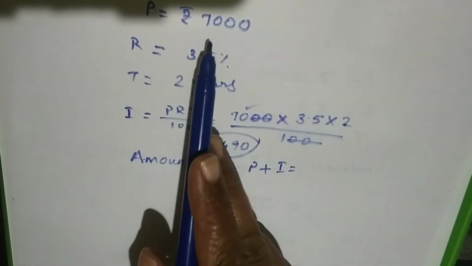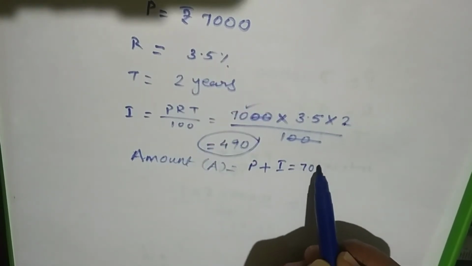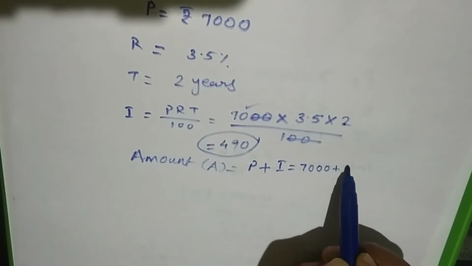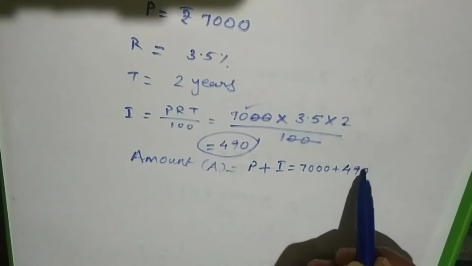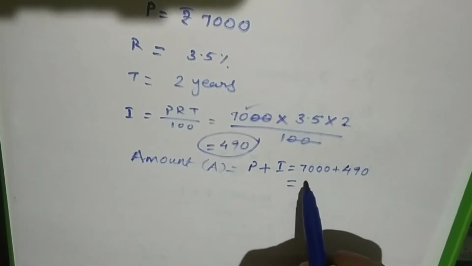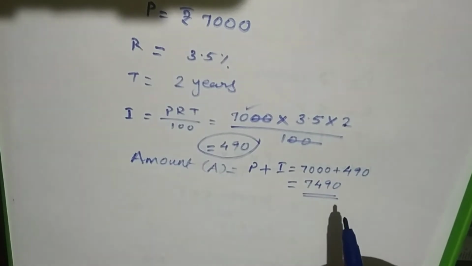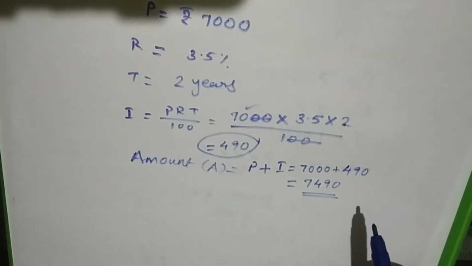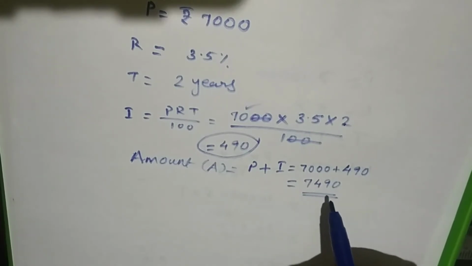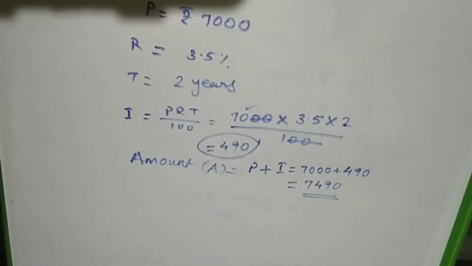Here principal is equal to 7,000 plus interest, we found it now, 490. So 7,490 rupees is the amount after 2 years. So 7,490 needed to pay after 2 years. Clear?